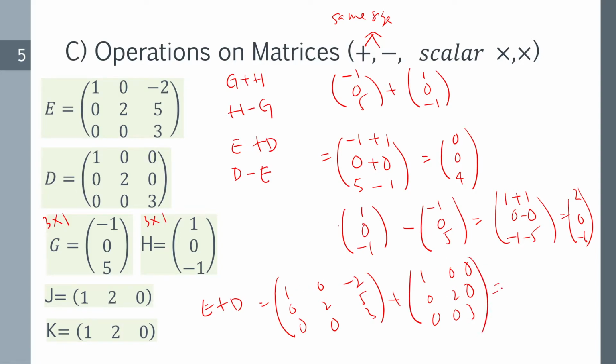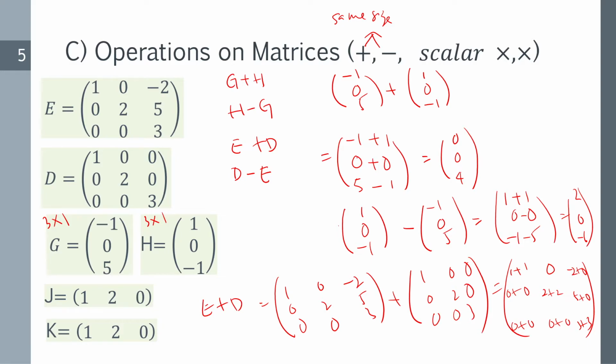Same location, so I'm going to have 9 of them. 1 plus 1, then 0 plus 0 is 0, -2 plus 0, then 0 plus 0, 2 plus 2, then 5 plus 0, then 0 plus 0, and then 0 plus 0, 3 plus 3. Then you calculate.